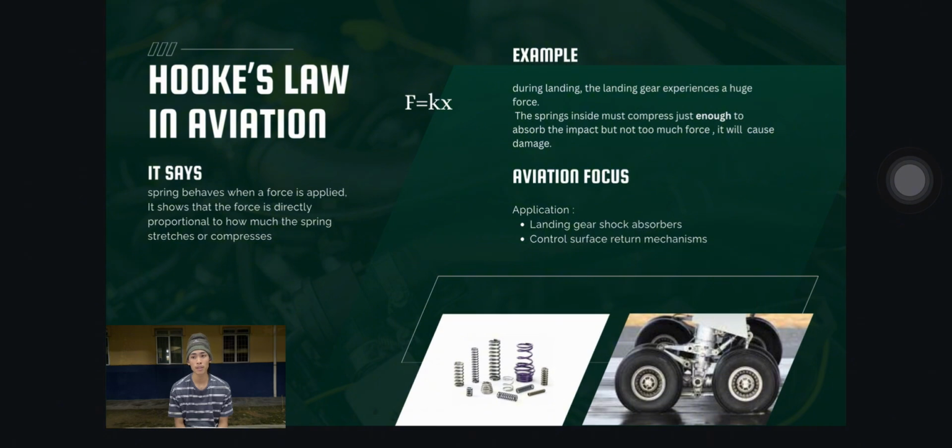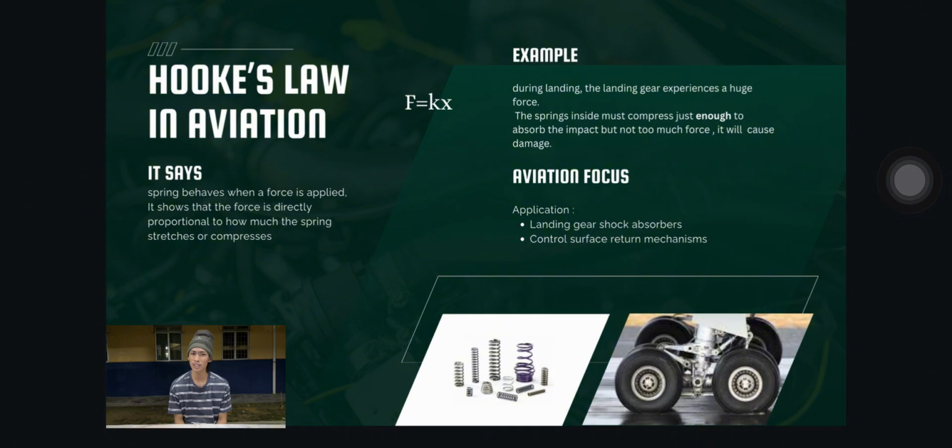For example, when an aircraft lands, the landing gear experiences very high force due to the weight of the aircraft and the impact with the runway. The spring inside the landing gear system must compress and absorb that energy. If the spring compresses too much, it can fail or damage the structure.